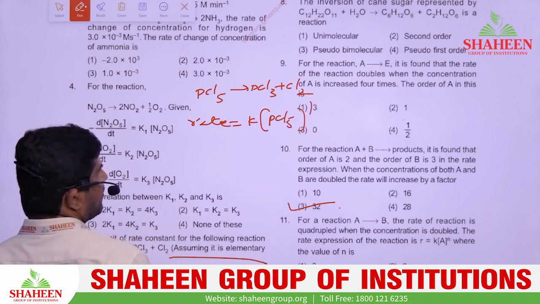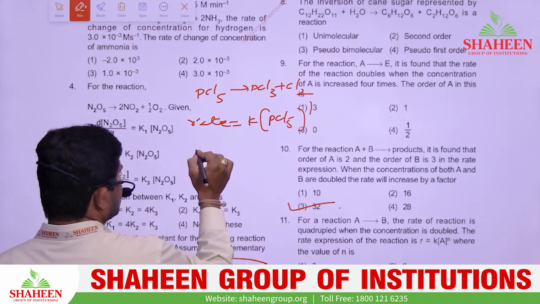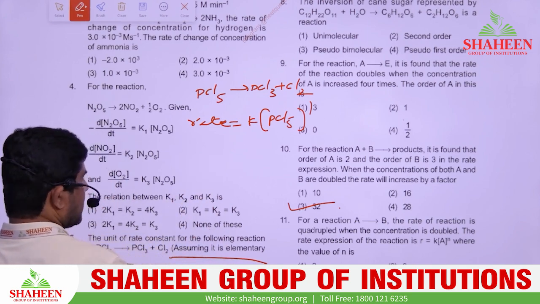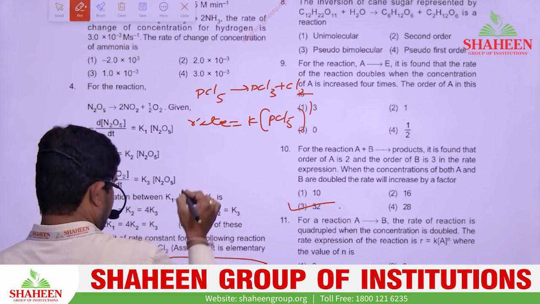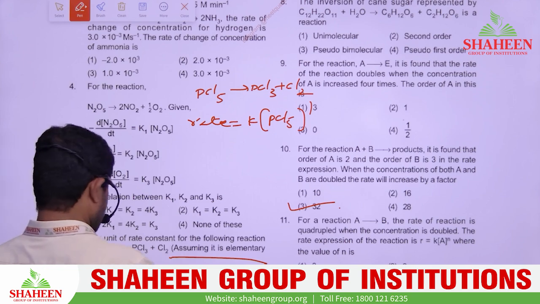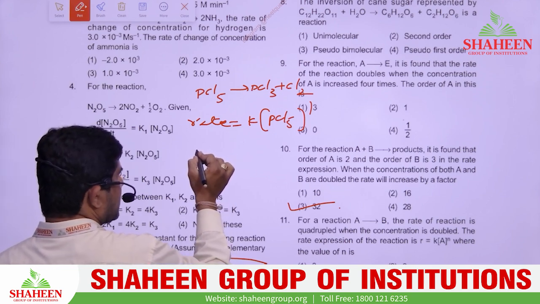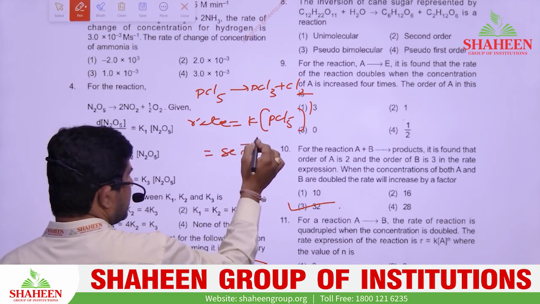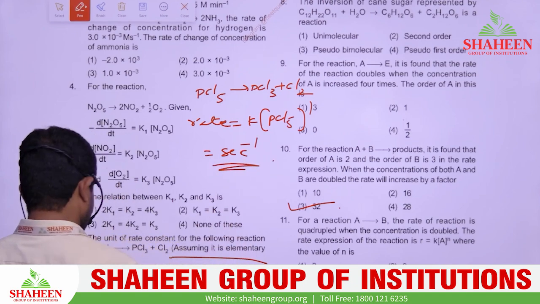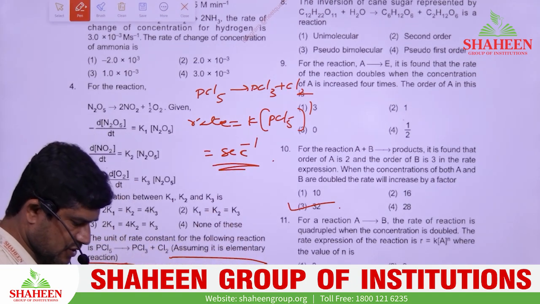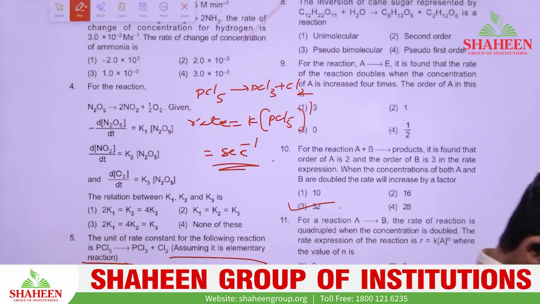PCl5 power 1 means it is a first order reaction. So for a first order reaction, the unit of rate constant is second inverse. So the first option.